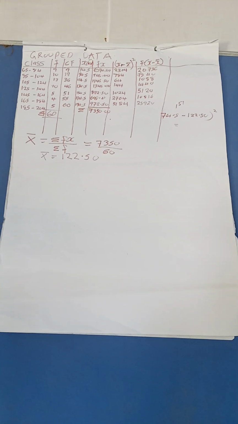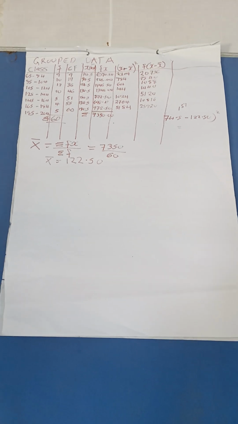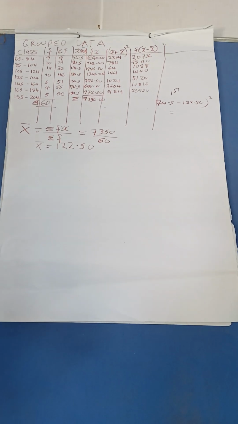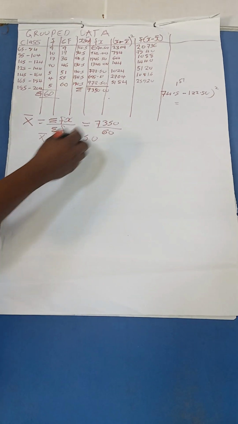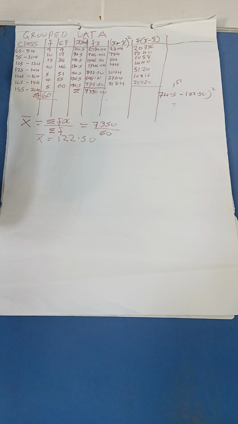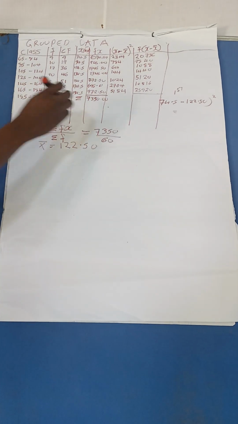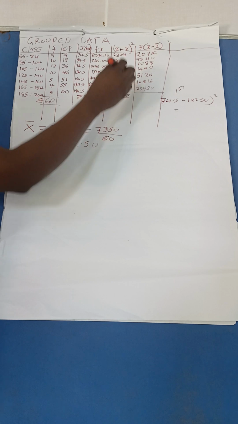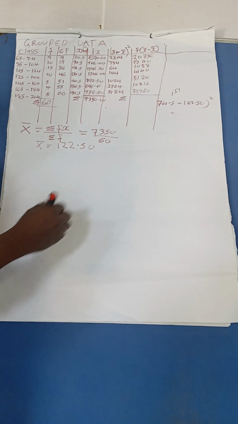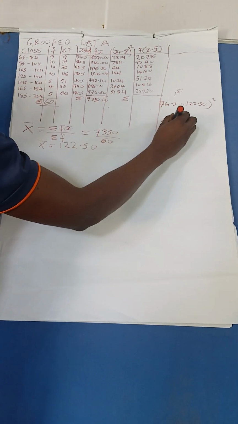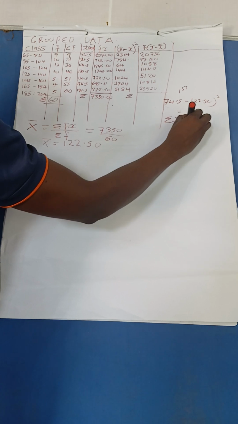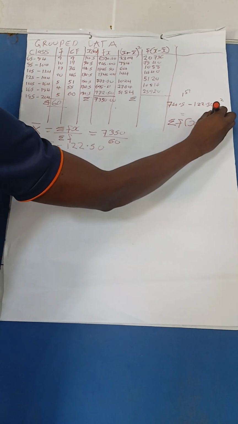Good. Now, the next part, we want to get the total summation of the last column. The total summation of the last column is you just have to add the totals. So you get the total summation of f in bracket x minus mean squared.